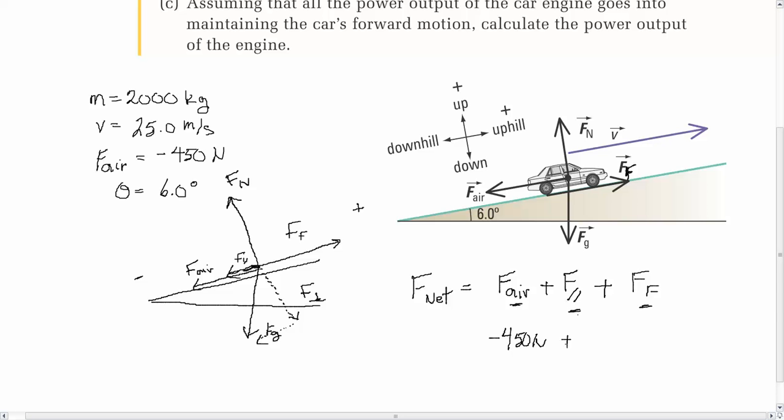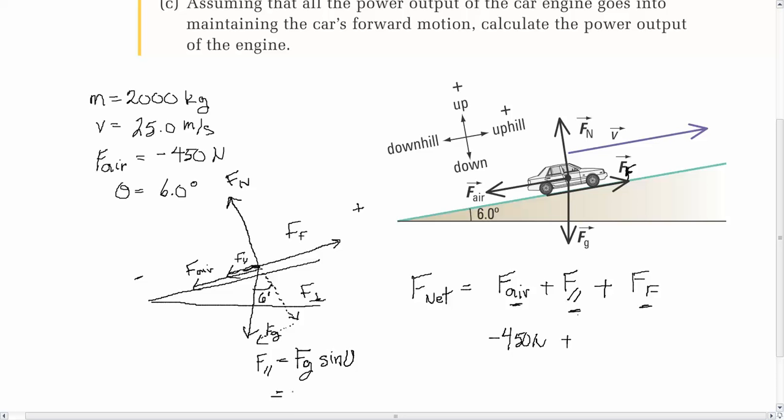Here, we need to calculate this. Well, we know our angle here is 6 degrees, and we know that our mass is 2,000. So this parallel component is found by taking the force of gravity times the sine of the angle, because it's opposite that angle.